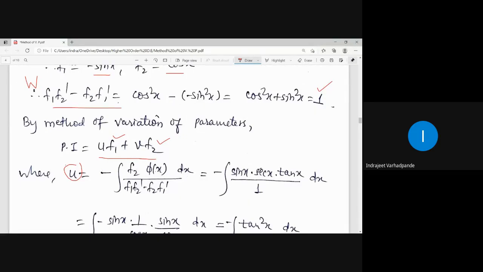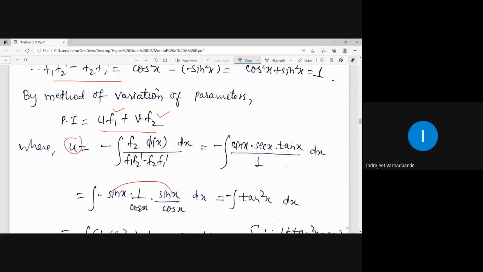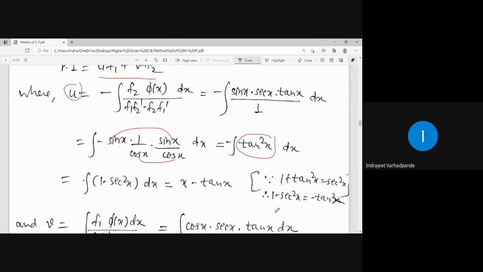So sin x into sec x into tan x upon 1. Now sec x can be written as 1 upon cos x. Tan x can be written as sin x upon cos x. So it is sin square x upon cos square x. What is sin square x upon cos square x? Tan square x. But do we have the integration for tan square x? No. So how can we write tan square x? Sec square x minus 1, but multiplied by minus, so it becomes 1 minus sec square x.